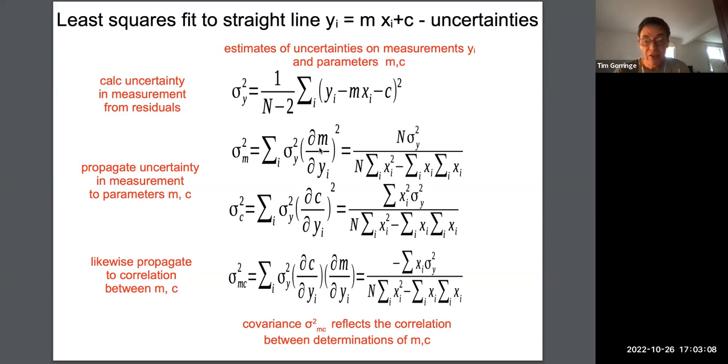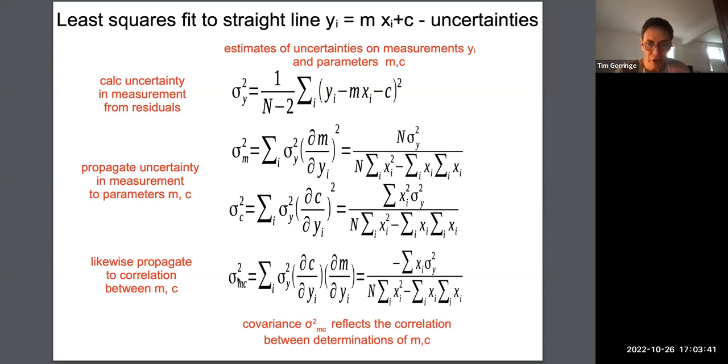If the slope was only slightly dependent on y, that would give us a proportionally much smaller error. So these partial differentials tell us the sensitivity of the slope and the offset to the uncertainties in the data points themselves. That's all that's going on here: propagating errors by standard procedures. If you do that propagation, and I didn't calculate this, obviously, these are the two equations. They're starting to look messy.